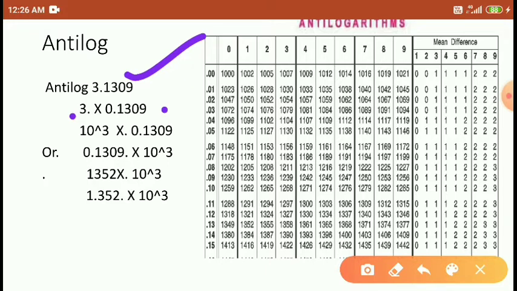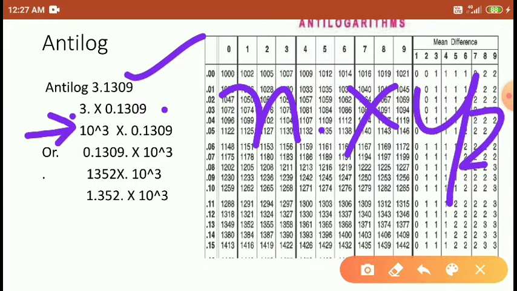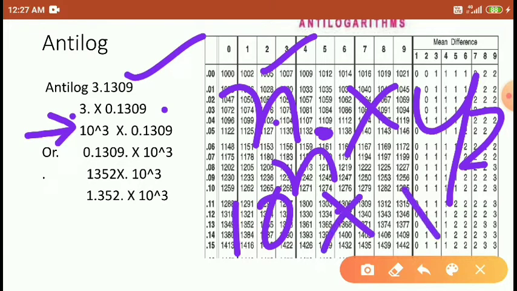Whatever digits are there before the point, they are written as 10 to the power of that digit, here 10 to the power of 3. If a number is written as n point x y z, then the n before the point is written as 10 to the power of n, and the remaining x y z is separated.